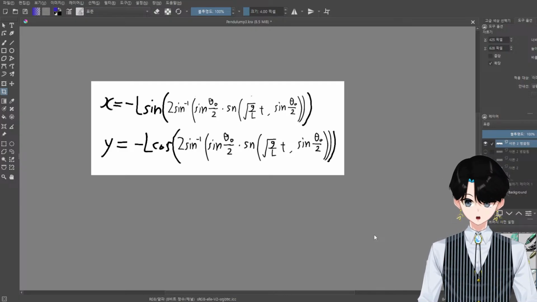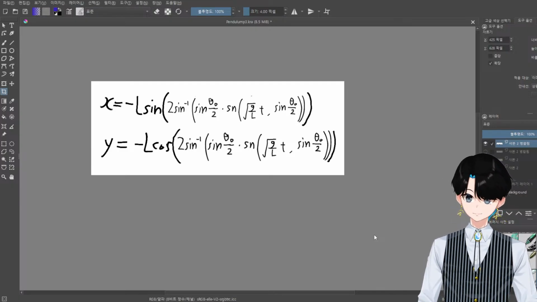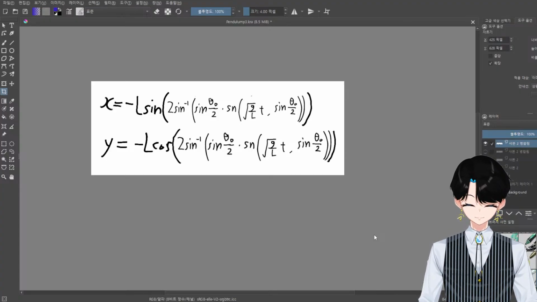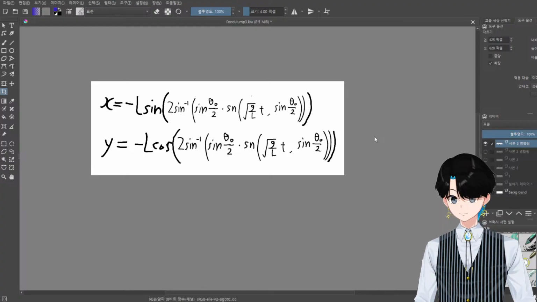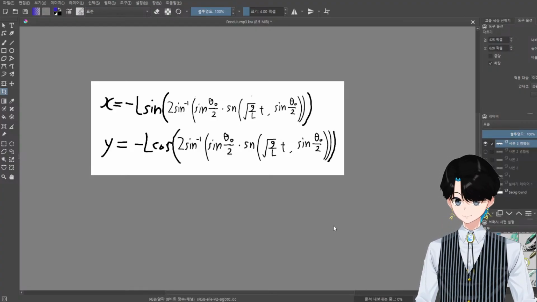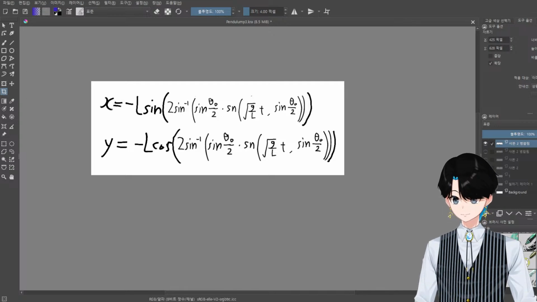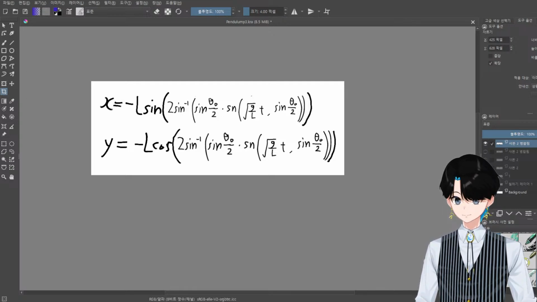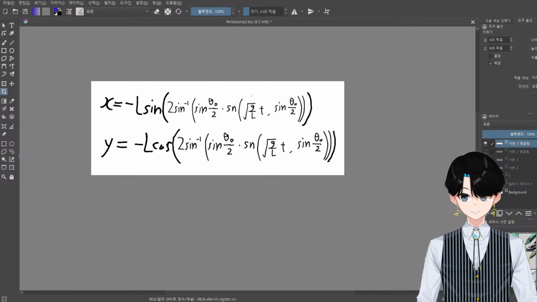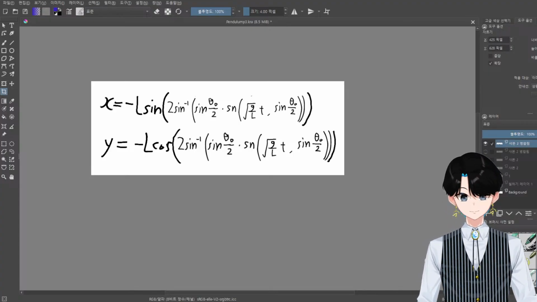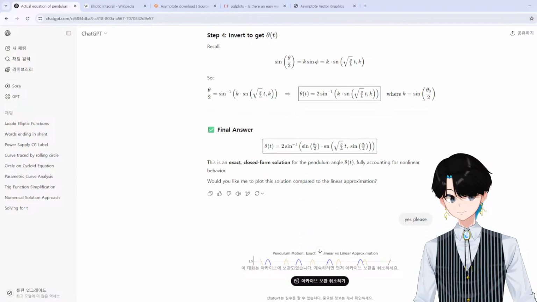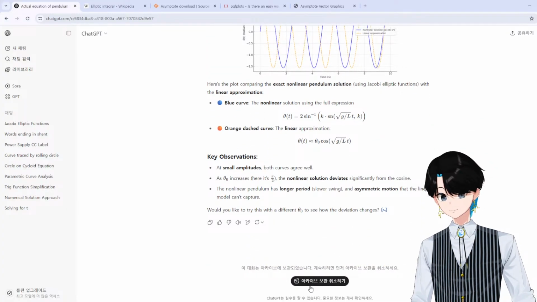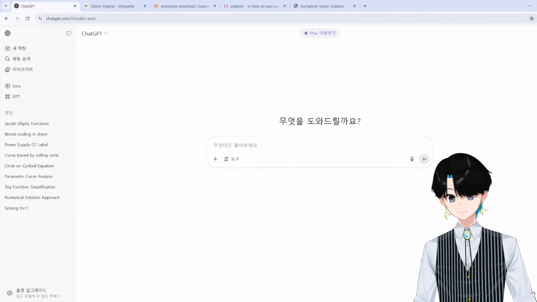Pendulum, Jacobi, pendulum trajectory. New chat.